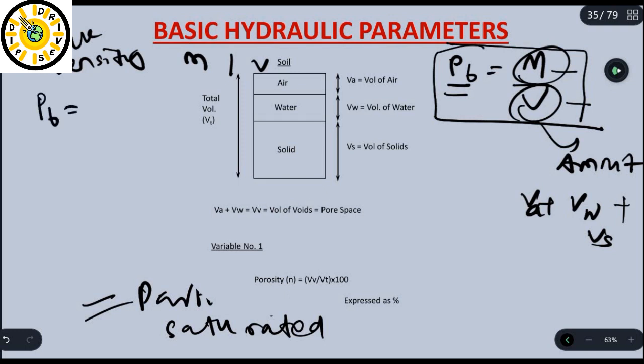So bulk density is the density of the water, also density of air. So density of air normally zero होता है. Why? Because the mass of air will be zero, right? Okay, इसको भी ले लो, ठीक है, इसको छोड़ो. So density of solid ले लो और density of water, ठीक है. Density of air भी ले लो.